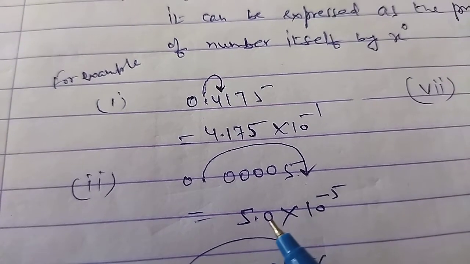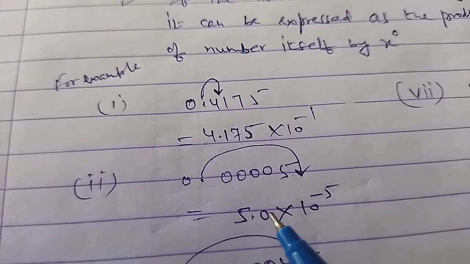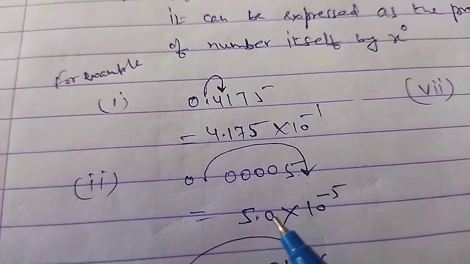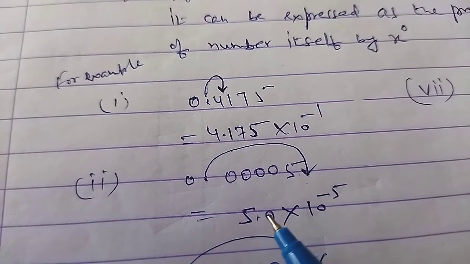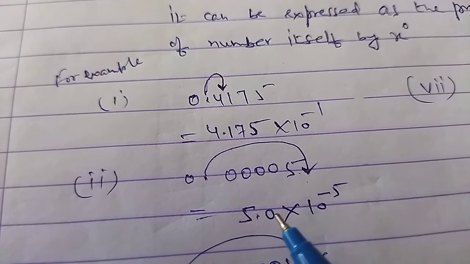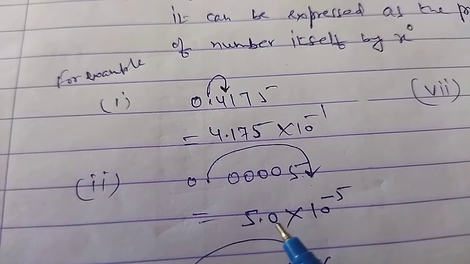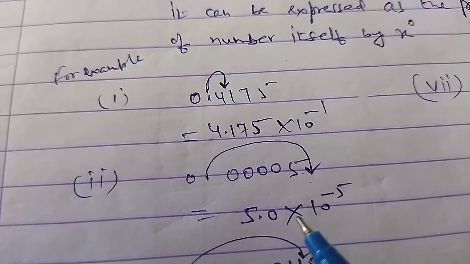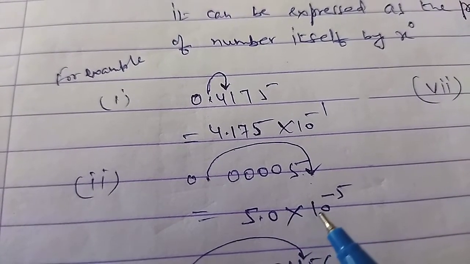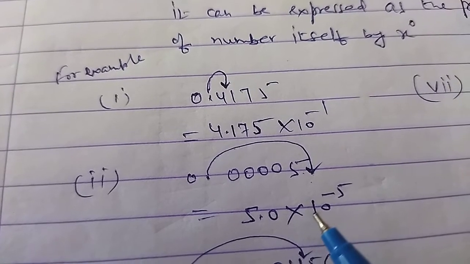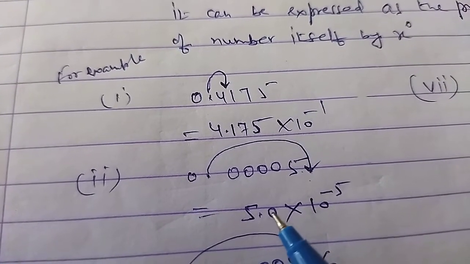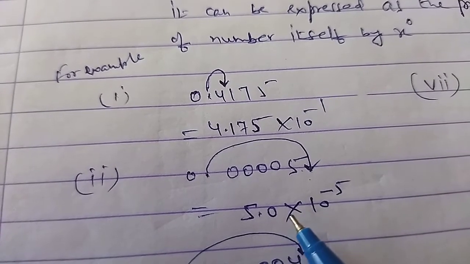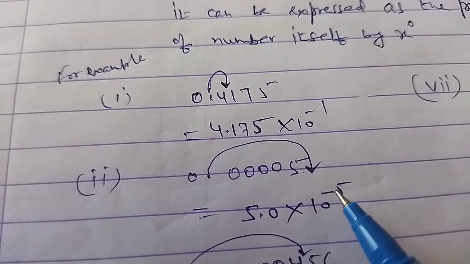Why is it 5.0? Because in science, as I said, these are scientific notations. Ending zeros are always significant. In mathematics, after the decimal, the zeros are not significant, these are non-significant in mathematics. But in physics, this 0 is significant: 5.0 into 10 raised to the power minus 5.